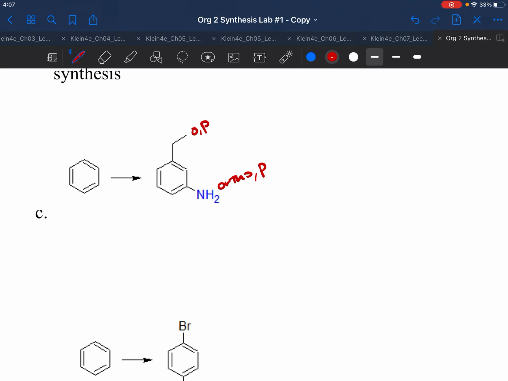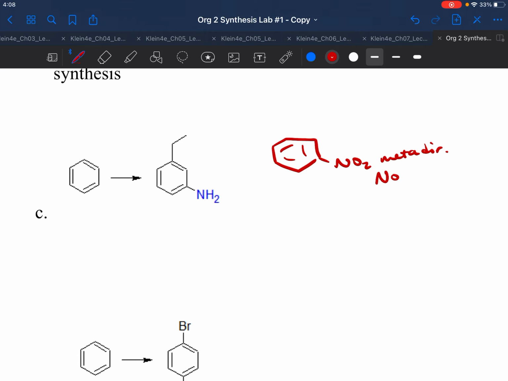If I think about the ethyl group, this is an ortho para-director. Okay, so neither one of them are meta-directors, so this must be a little bit more interesting. What about if it was a nitro group? Well, a nitro group is a meta-director, but there's a problem.